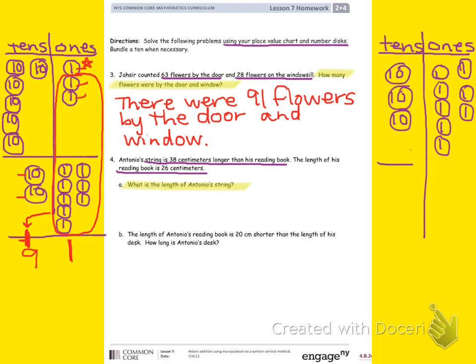I'll draw a line to separate it from the 26 that is the length of his reading book. 26 has 6 ones. 1, 2, 3, 4, 5, 6. And it has 2 tens. 1, 2. Now I'll draw my equals line.